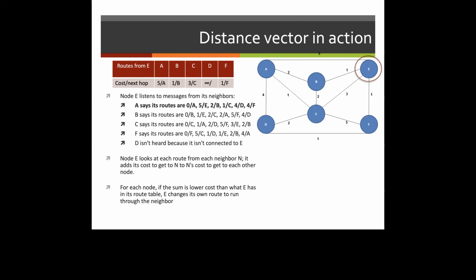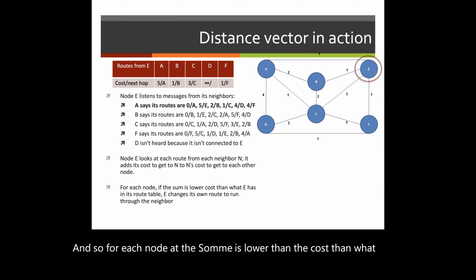And so for each node, if the sum is lower than what E has in its route table, E is going to change its own route to run through the neighbor.